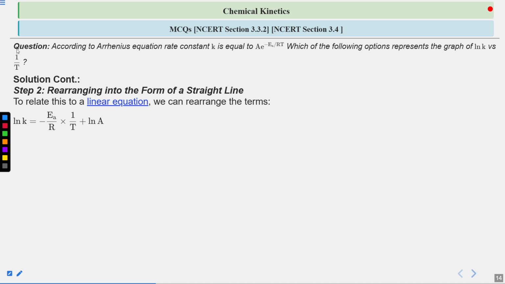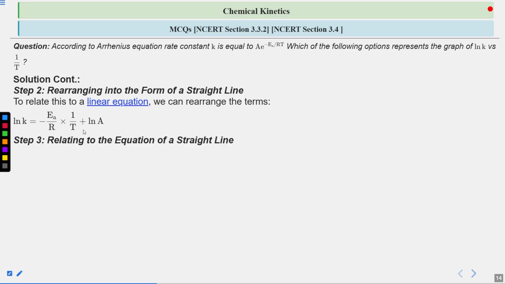Now x we have to take as 1 by T, which is multiplied by minus Ea by R, so this will be the slope of the line. Plus c, y equals mx plus c. So c is some constant, which here is ln A, a constant, because A represents a constant, the Arrhenius factor. Okay.